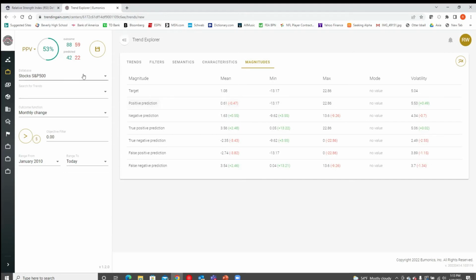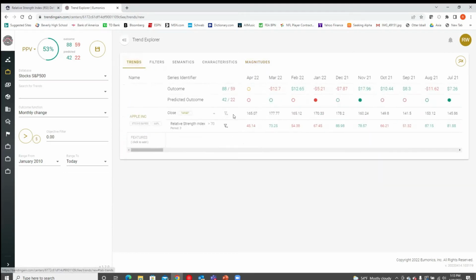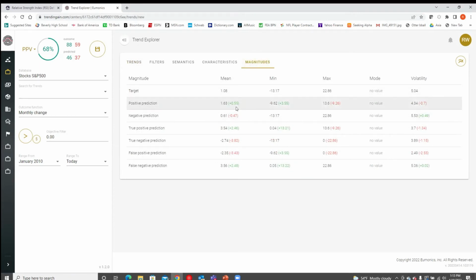All right, well, let's flip this back around and change it to less than 70. Let's check that magnitude again. And now you'll notice the magnitude is green. So not only is the stock price more likely to go up, but the expected change is a positive number.